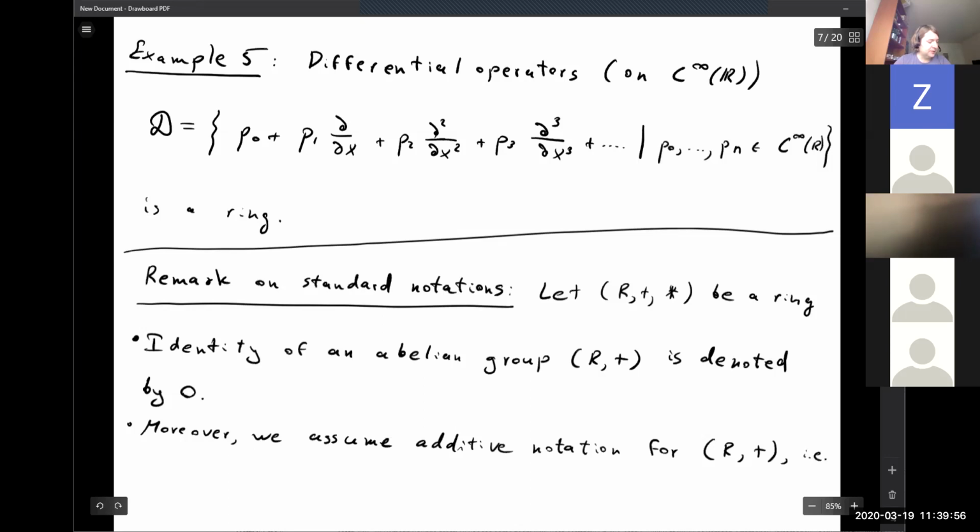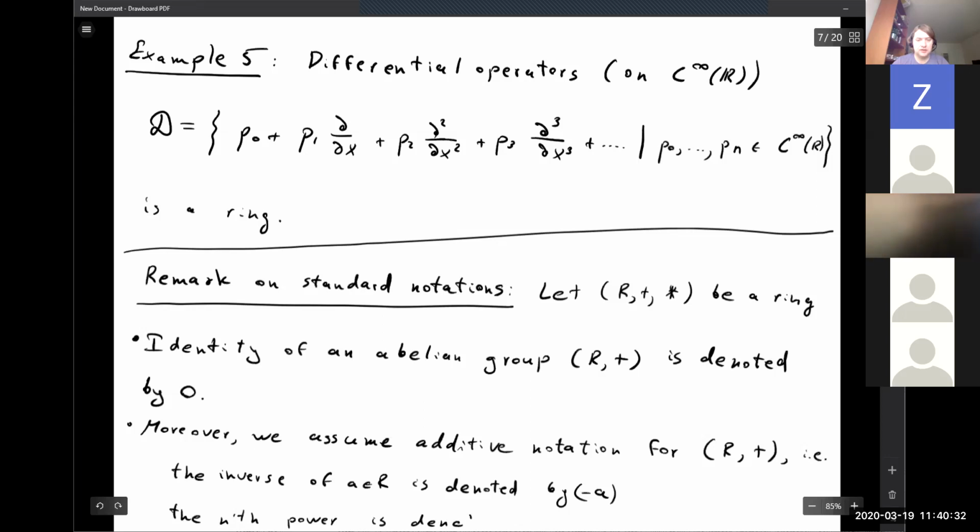In other words, the inverse of a in R is denoted by minus a, and the nth power is denoted by na.